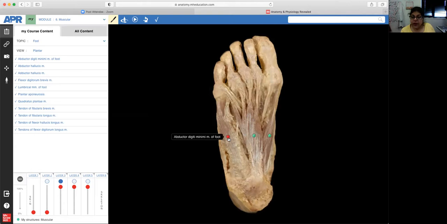Abductor digiti minimi, right? That's the smallest toe. Abductor, so you can move this one like that. This is the one muscle that's going to be involved in that action. Flexor digitorum, that means it is probably going to go to that one, right? Then that is your abductor hallucis. Naturally, that is going to go toward your hallux.